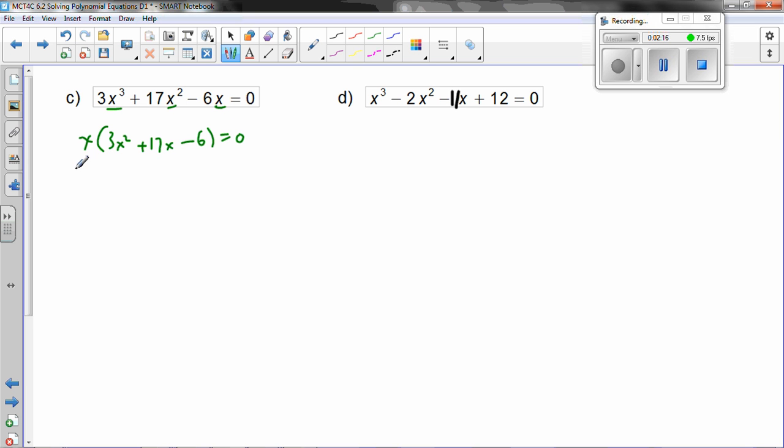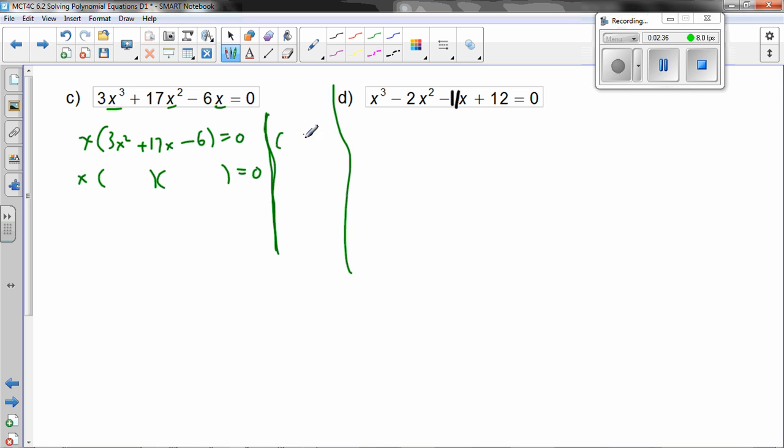And then I can see x equals 0 as one of my solutions, but the second bracket is a hard trinomial, and I need to factor that somehow. Maybe I'll use the Aussie method this time, just for funsies.